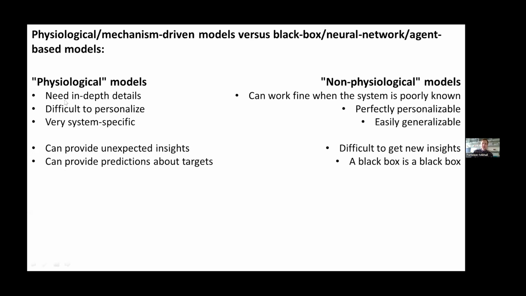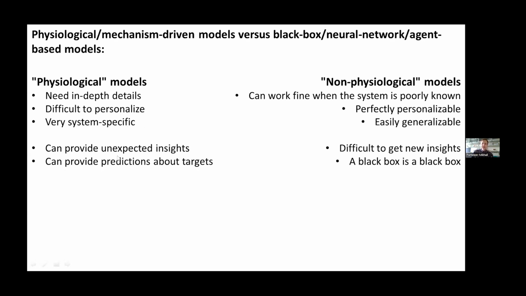Essentially, the physiological models are much more difficult to develop. You need to understand the system really well, meaning that first humanity needs to understand the system really well. And then you have to put a lot of effort to make this model functional.